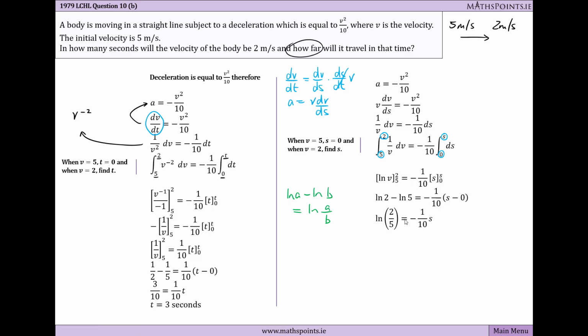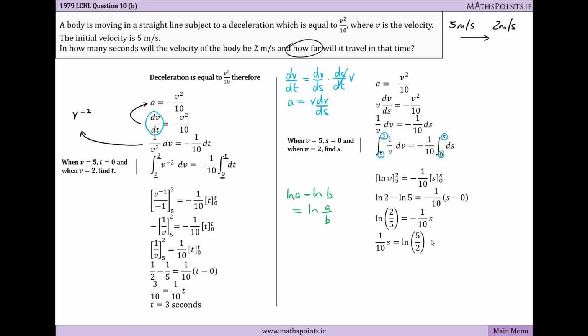So I'm going to bring the 1/10 s to the left hand side, and that's equal to minus log of 2 over 5. Minus log of 2 over 5 we can change to a plus log by inverting the 2 over 5. So 1 over 10 s is equal to plus the natural log of 5 over 2.